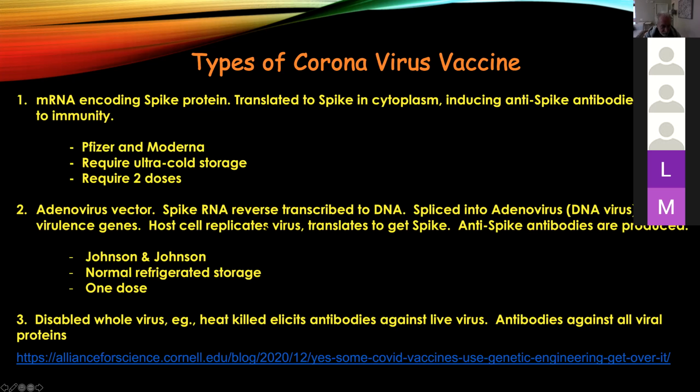There's one company in the US, and there's another one in England. Johnson & Johnson uses an adenovirus vector. Now, this has the advantage that it only needs to be stored at refrigerator temperature, 4 degrees or so. And the other big advantage is that it only requires 1 dose.